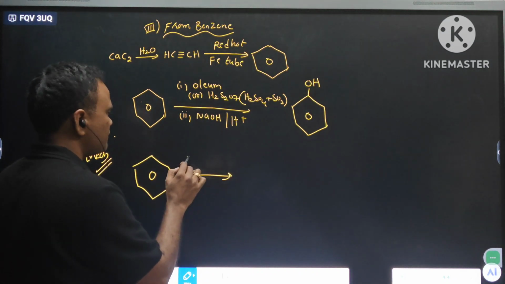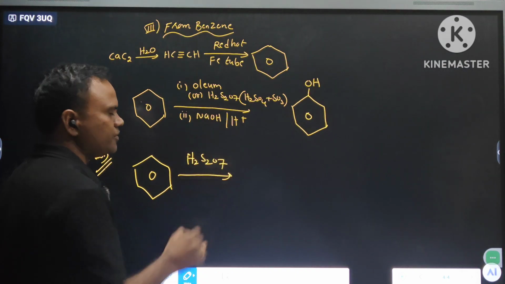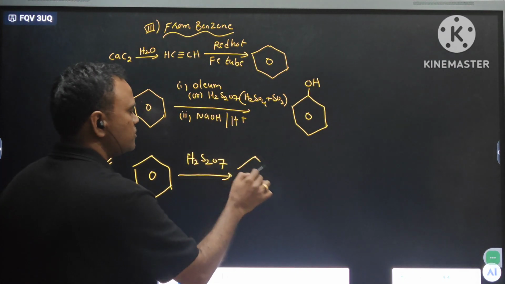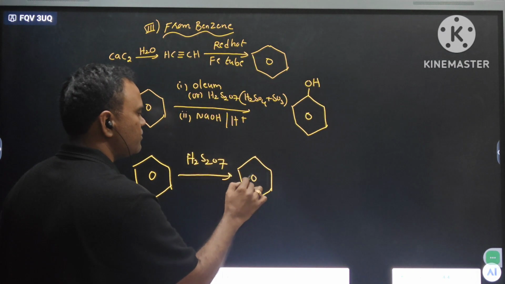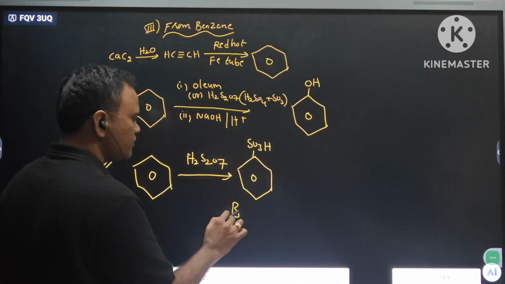When benzene is treated with oleum, we will get benzene sulfonic acid. Its name is benzene sulfonic acid.